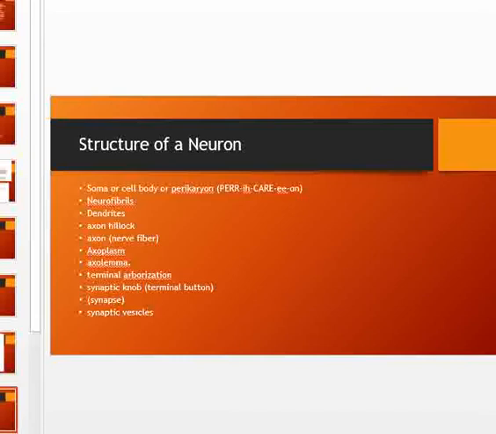The control center of a neuron is what we call the soma, or you can also call it the cell body or the perikaryon. It has a single, centrally located nucleus, and I am sure you are informed of that from your high school.